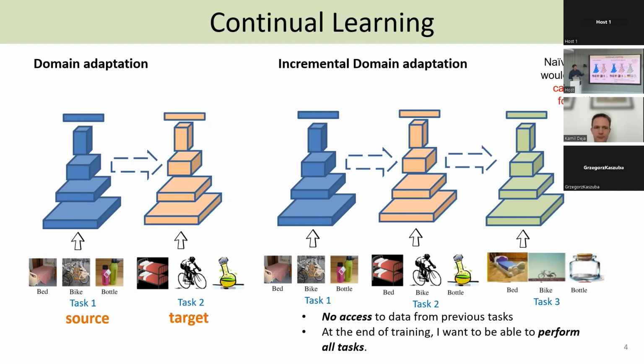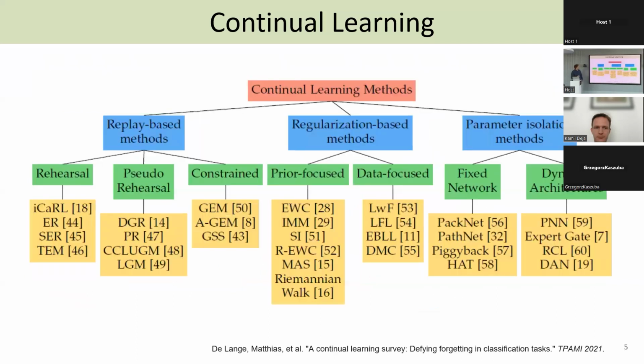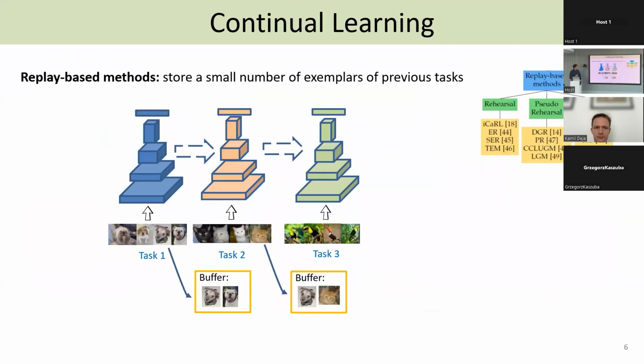Incremental domain adaptation is the following setup: you see these different domains, but at the end of all the domains, you still want to be able to recognize these objects in any of these domains. Again, catastrophic forgetting is the main problem. But continual learning has developed a whole set of methods here. It's an overview. I will shortly discuss two, just for the people who don't know.